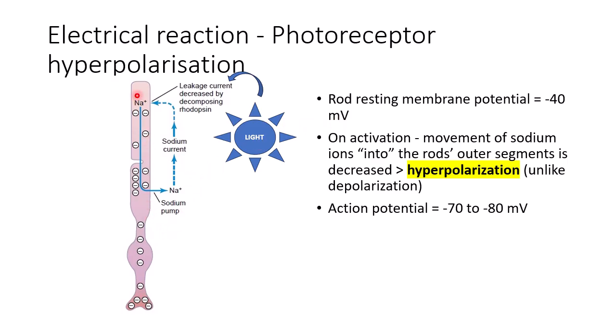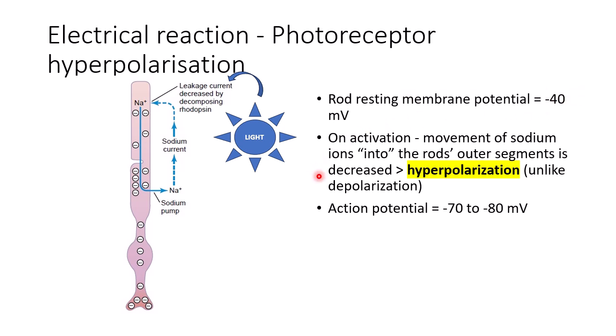To maintain a balance, there is a sodium pump also. So it keeps going in, coming out, going in and coming out, such that overall there is more sodium leaking out, leading to a resting membrane potential of negative, that is minus 40 millivolts.